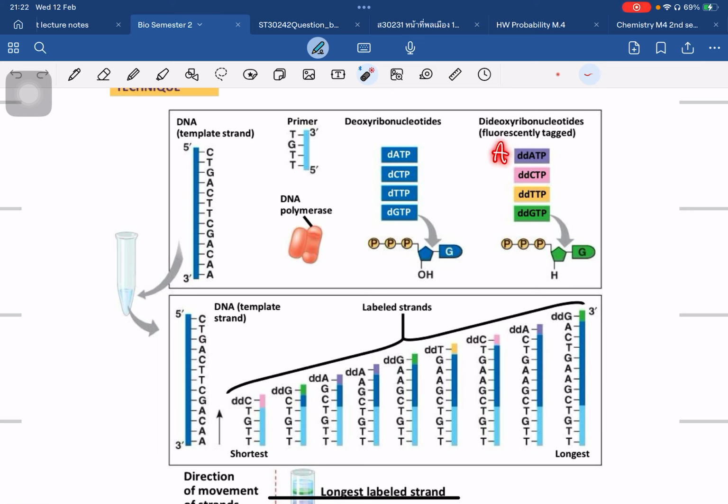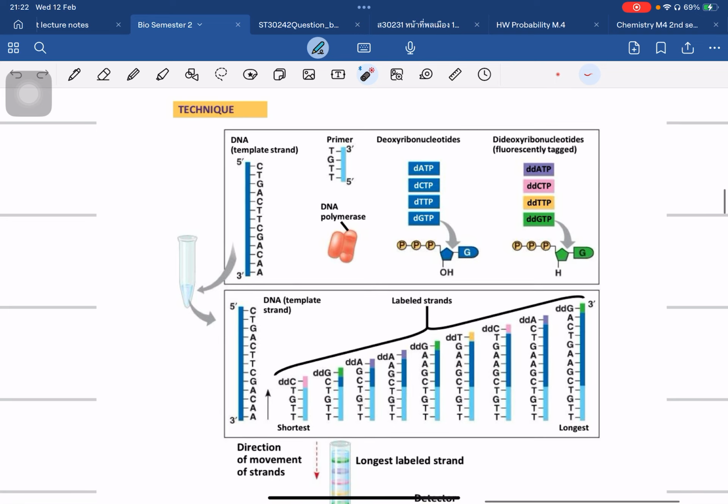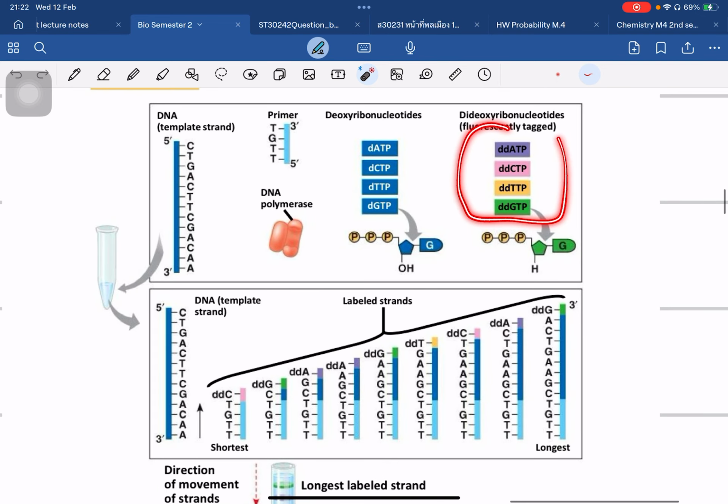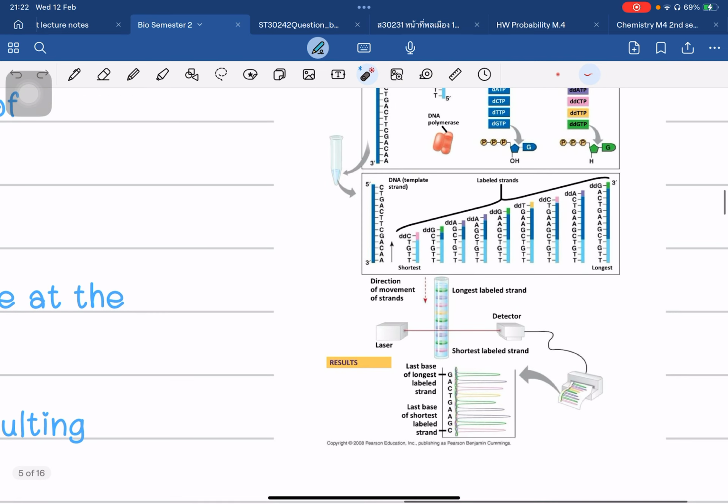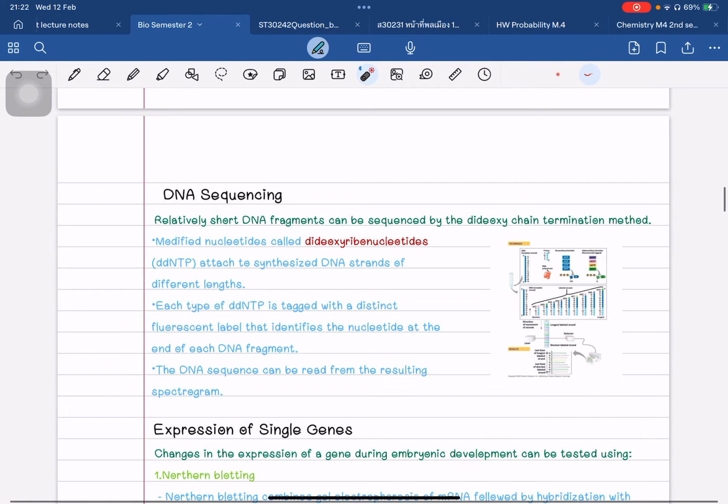Like A is going to be purple, C is going to be pink, T is going to be yellow, and G is going to be the green one. So that's how they can identify which one is which by looking at the color of it. So you're going to know the sequence of it.